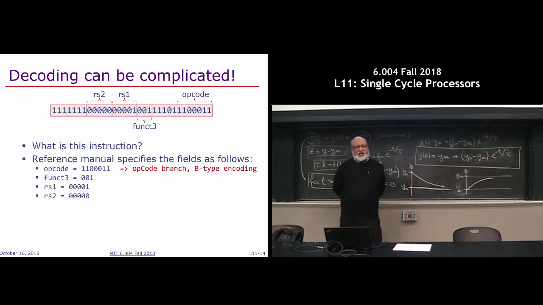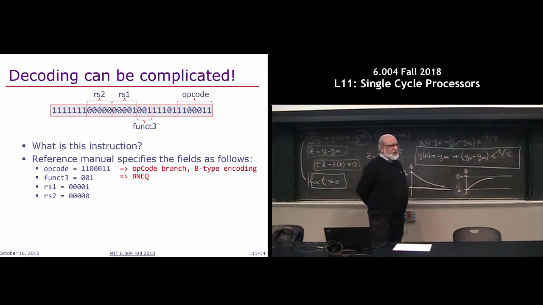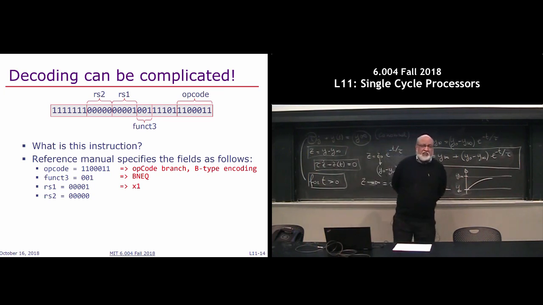And func3 is 001, which according to the reference manual is this opcode, B, branch on not equal. So when two values are not equal, you'll do something, and you are specifying two registers that you're comparing. So that is RS1 and RS2, X1, X0.